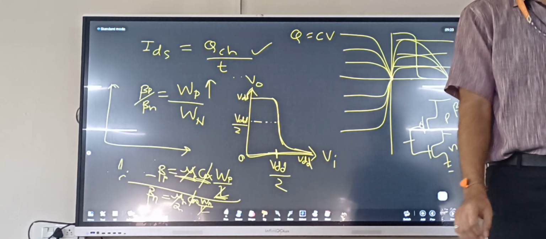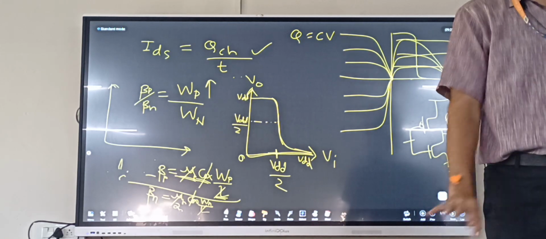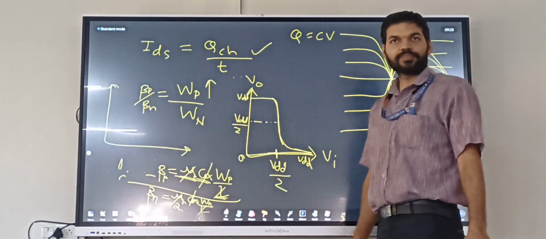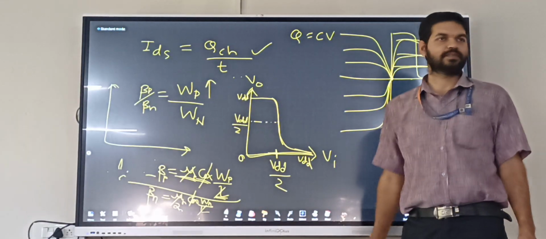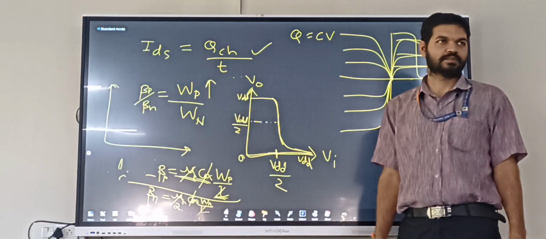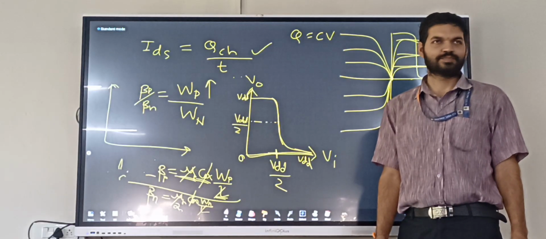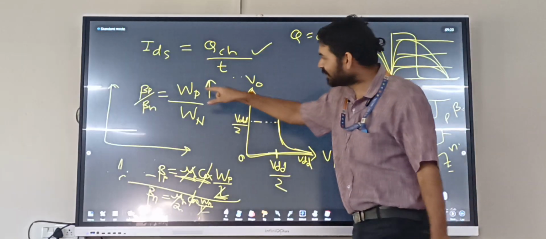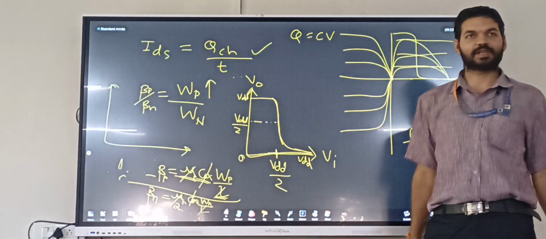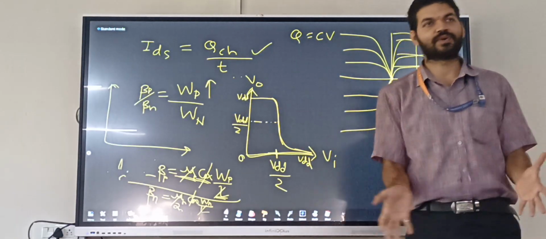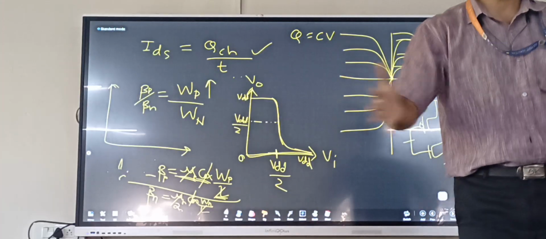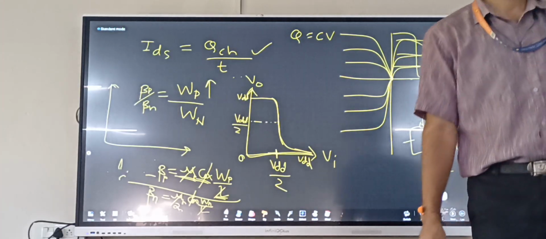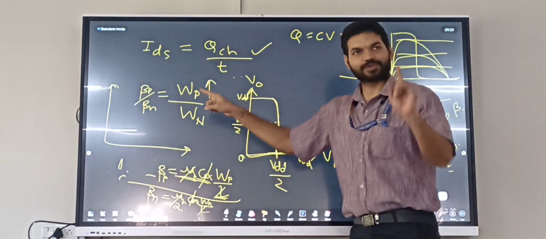Easy current will flow. At that time, PMOS will become stronger. Correct? PMOS will become stronger. If I again increase the width of PMOS, again more current will flow because space is more, so easily current can flow. Right? So PMOS becomes stronger than NMOS.